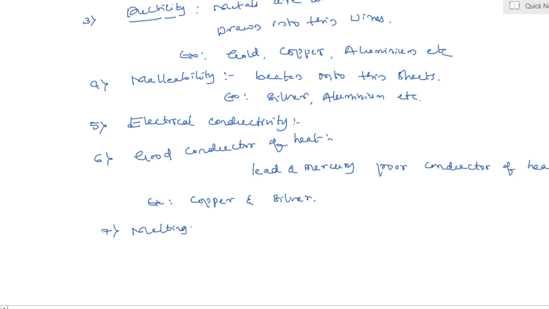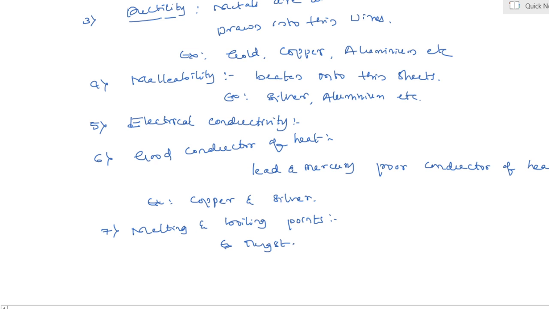Melting and boiling points. Metals generally have a high melting and boiling point, but here, termed as what? Example, tungsten.